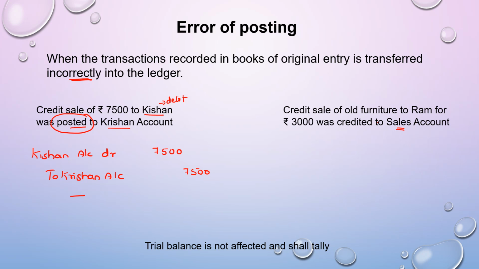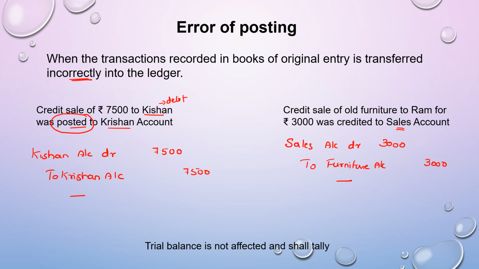Therefore, to nullify the credit effect of sales account, we will debit the sales account by 3,000. And actually, the furniture should have been credited, which was not credited. So now you credit the furniture account by 3,000. So by this particular journal entry, you will be rectifying this particular error which was made.